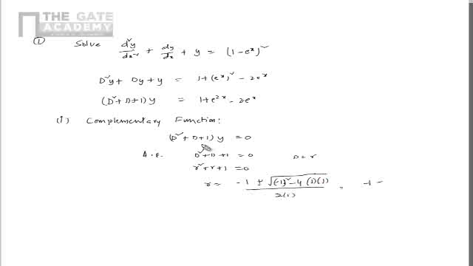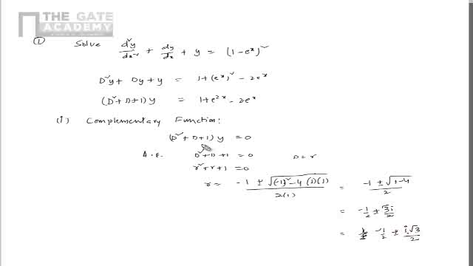This comes out to be minus 1 plus or minus root of 1 minus 4, by 2. So this is minus half plus or minus 3i by 2, because root of minus 1 is written as i. So you can write it as minus 1 by 2 plus or minus i root 3 by 2.